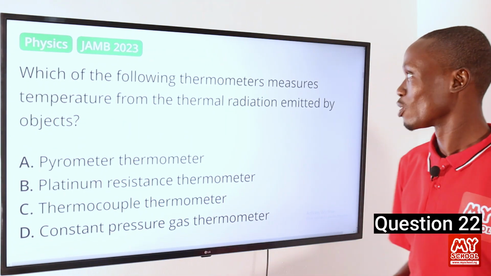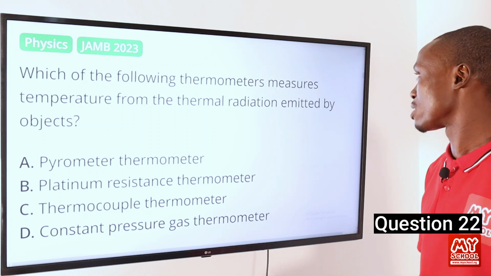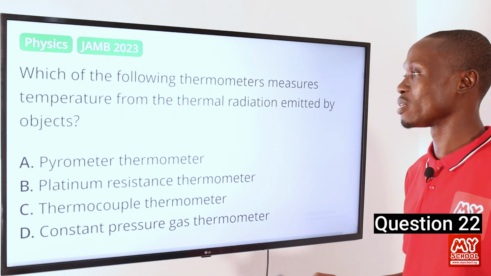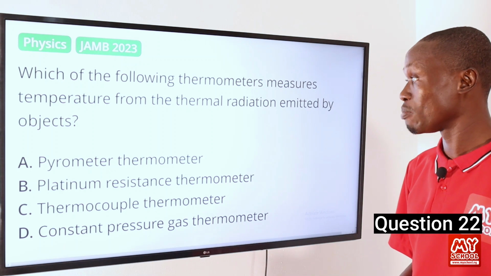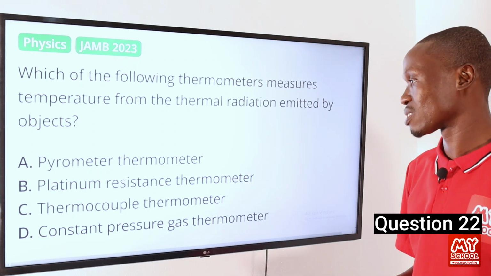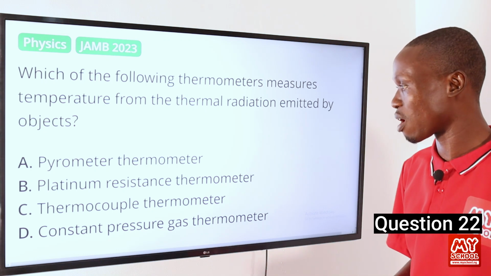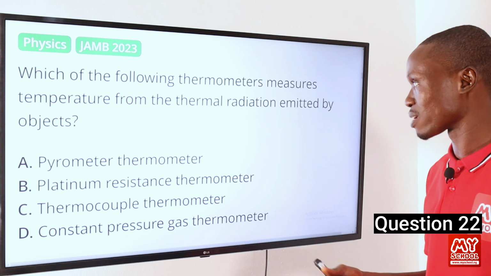Question 22. Which of the following thermometers measures temperature from the thermal radiation emitted by an object? A, we have pyrometer thermometer. B, platinum resistance thermometer. C, thermocouple thermometer. And D, constant pressure gas thermometer.